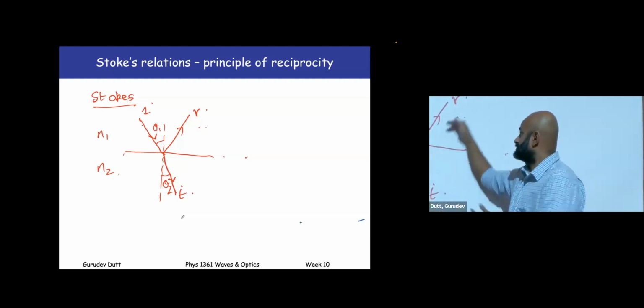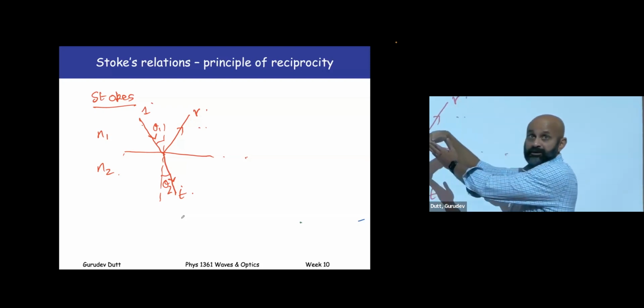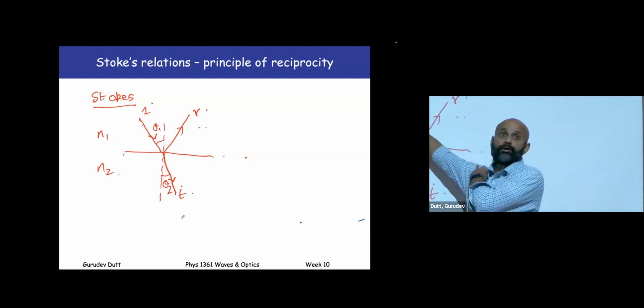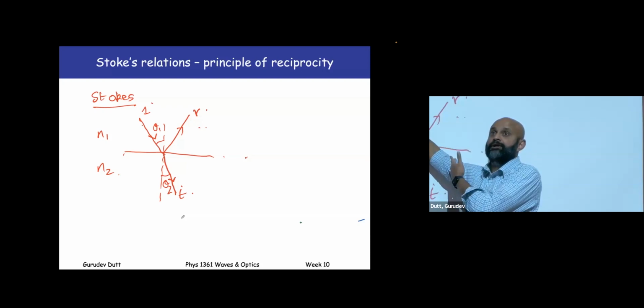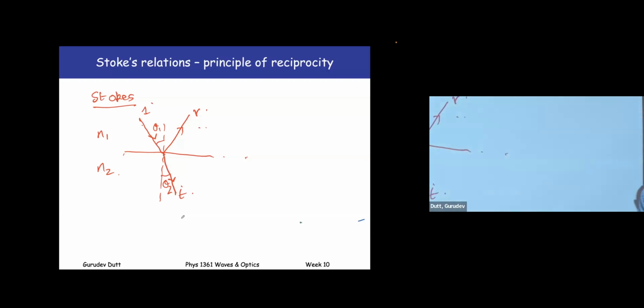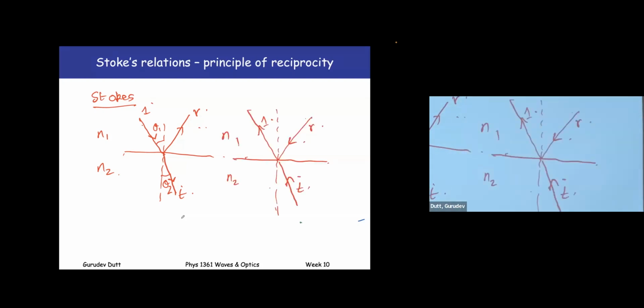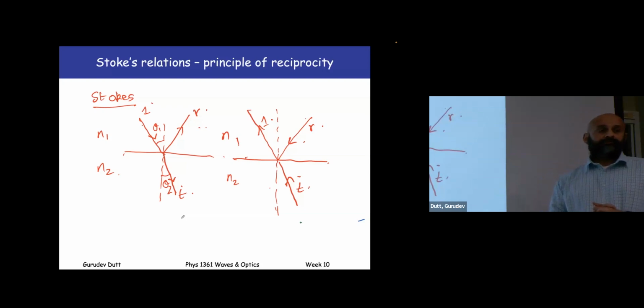So what must happen is that these two beams must combine perfectly to give me this outgoing beam, which has the same magnitude 1 at this point. So this is the situation in the time reversed world where I run time backwards, and this must be the same as that situation over there. This must be true.